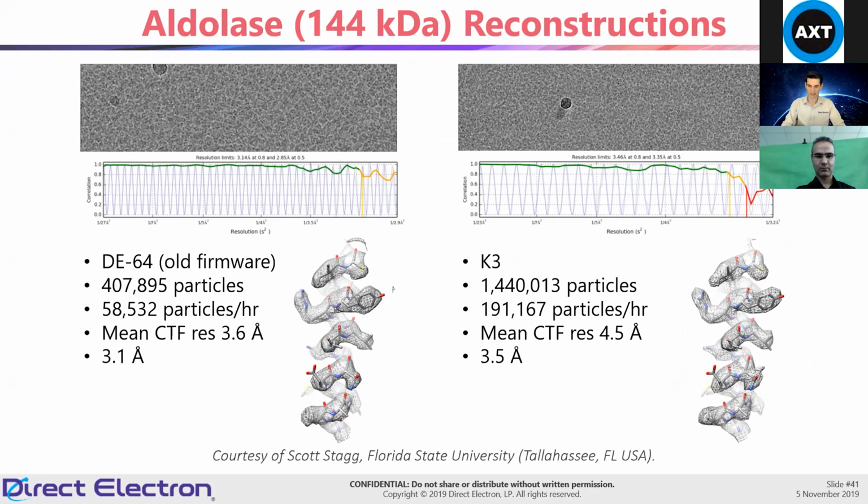However, as they found out, you can't actually collect enough data fast enough to outrun performance. And that's exactly what they ran into: no matter how long they collected with the K3, they could never get to a higher resolution than the DE64 could. And they were sort of sample limited in terms of their resolution results, but still 3.1 versus 3.5 on the K3 is nothing to scoff at.